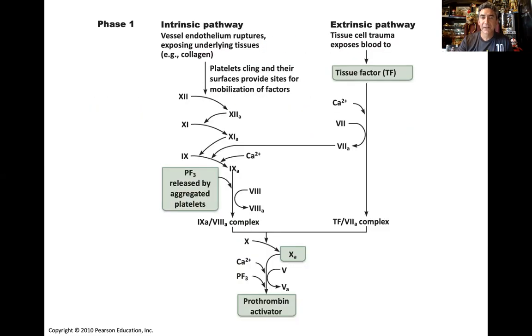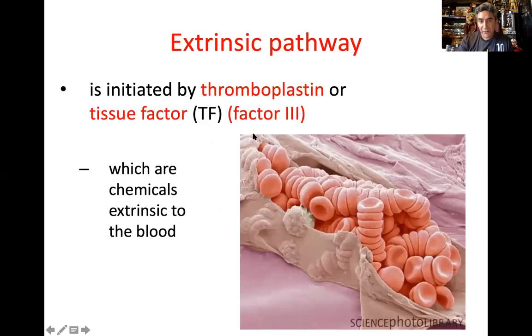So let's look again, here on the right, at the extrinsic pathway. Here we have a blood vessel that's been ruptured, right? This extrinsic pathway is initiated by thromboplastin, or tissue factor 3, which are chemicals extrinsic to the blood. So there are substances on the outside that don't normally come into contact with the blood inside.